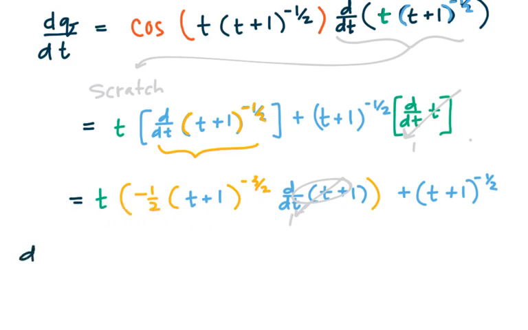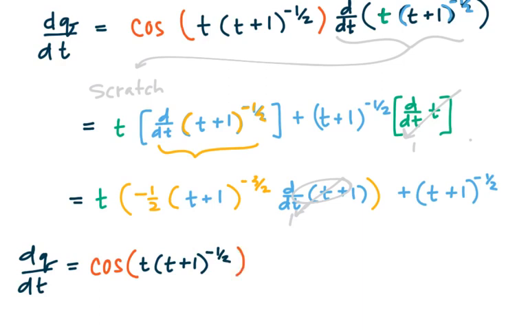So the derivative of q with respect to t equals the cosine of t times (t+1)^(-1/2), times this derivative. And this derivative here is this piece plus this piece.